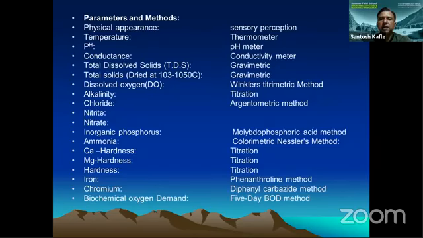Basically, gravimetric, titrimetric, and colorimetric methods were applied. For biological oxygen demand, the 5-day BOD method. For chromium, the diphenyl carbazide method; iron was determined by the phenanthroline method; and the standard titration method was used for the determination of calcium, magnesium, and total hardness.